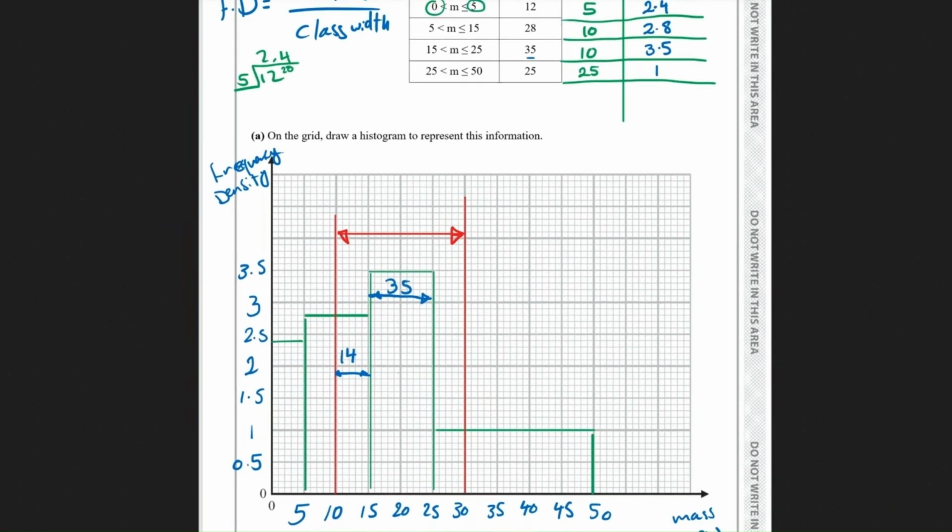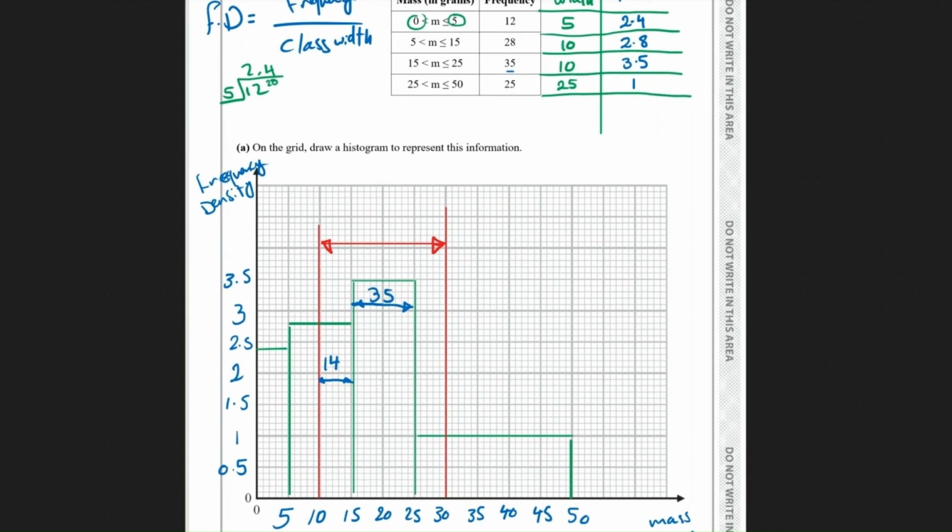And now for the final part, we need within this space here. And what is this space? It represents from 25 to 30, which represents 5 in the class width of 25. So this class width is 25.